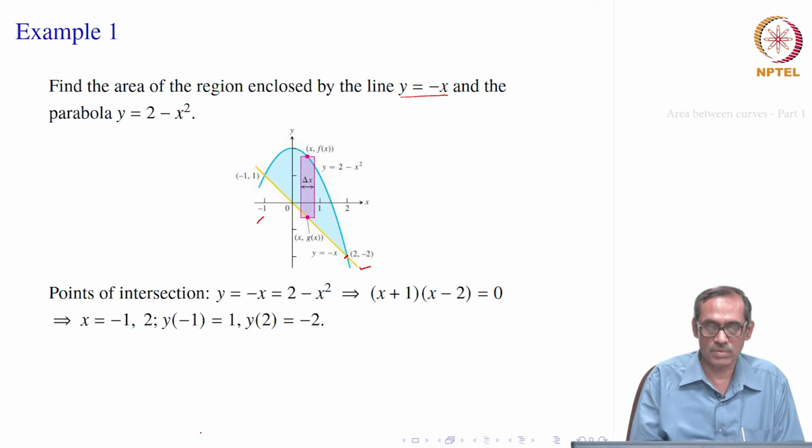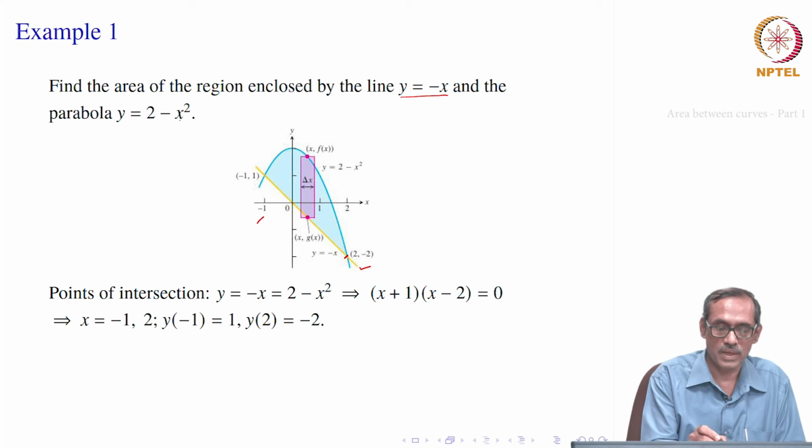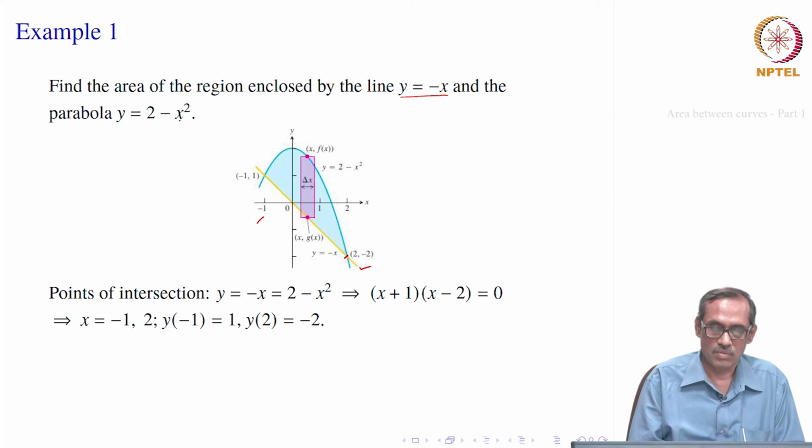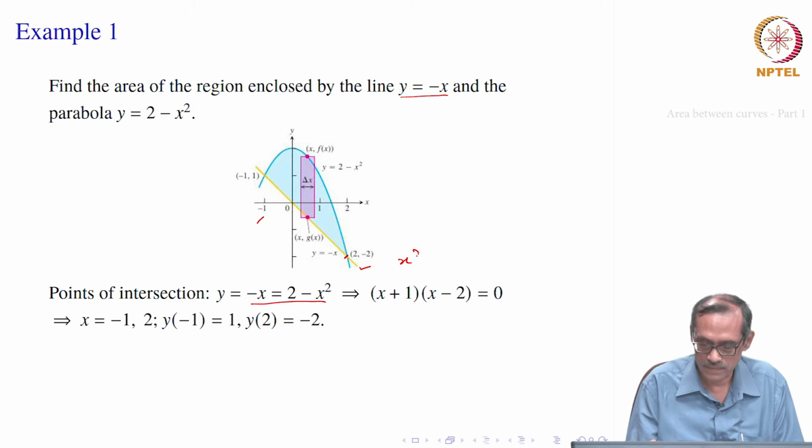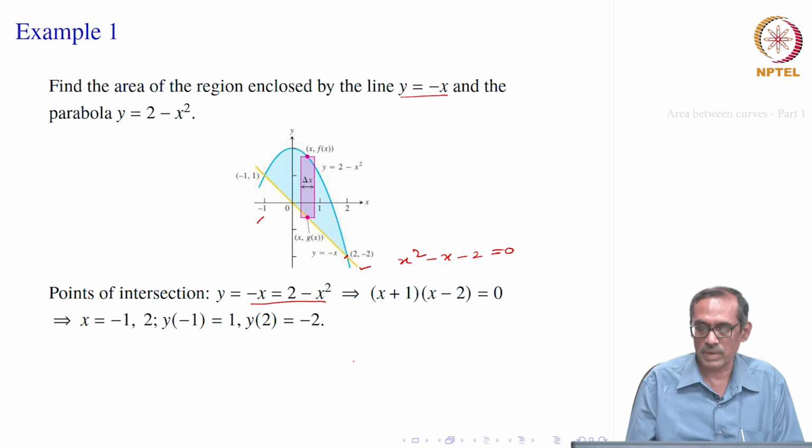So, let us find them out by solving the equations. To find the intersection points of y equal to minus x and y equal to 2 minus x square, we eliminate say y. So, we say minus x equal to 2 minus x square. So, that gives x square minus x minus 2 equal to 0, which is x plus 1 into x minus 2 equal to 0.